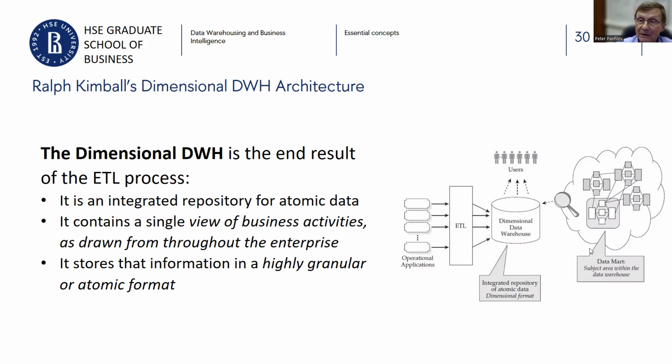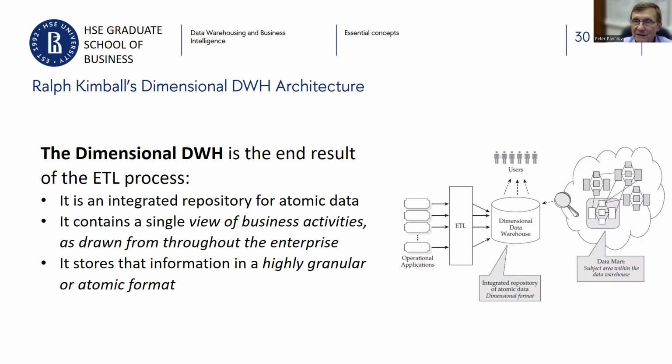Star schema means a dimensional model that comprises facts and dimensions. So facts here, one of these small boxes in the middle, are facts. It's quantitative data about your business processes, like, for example, sales numbers.